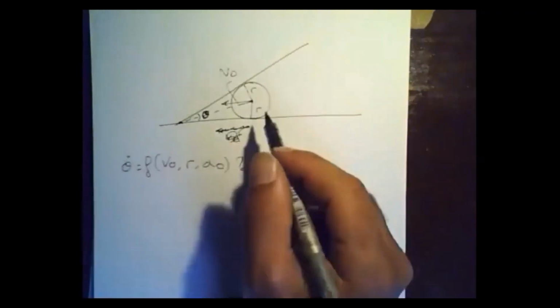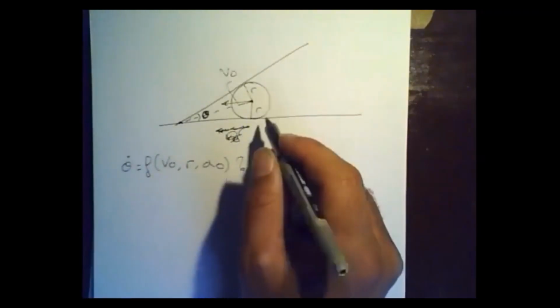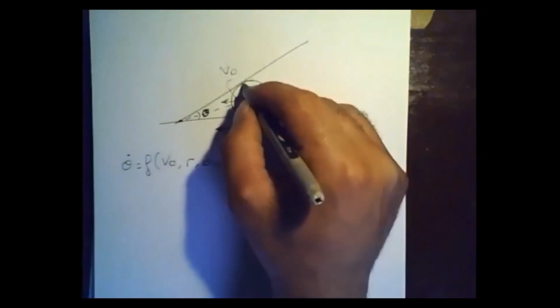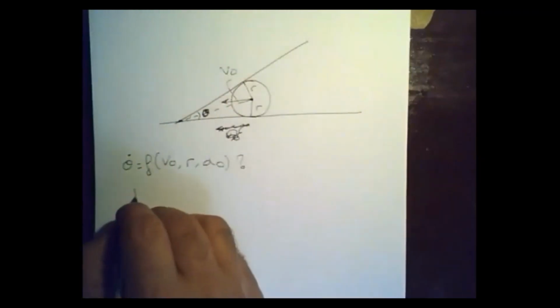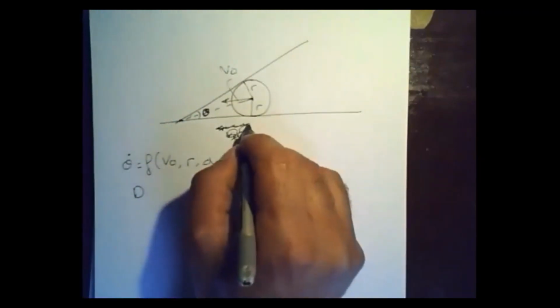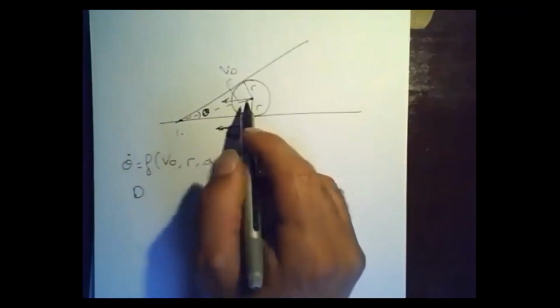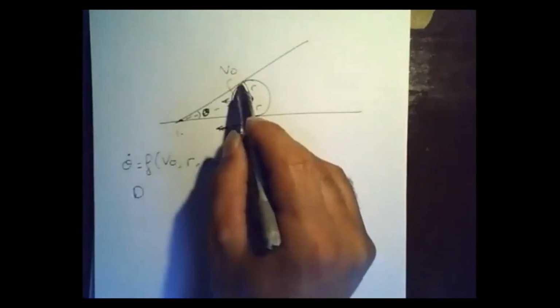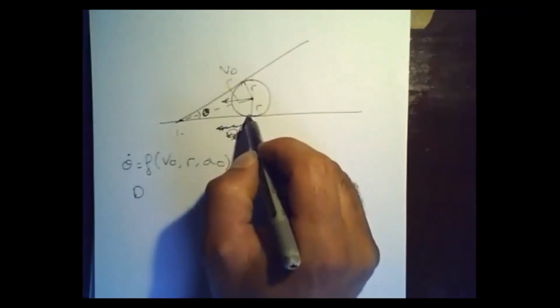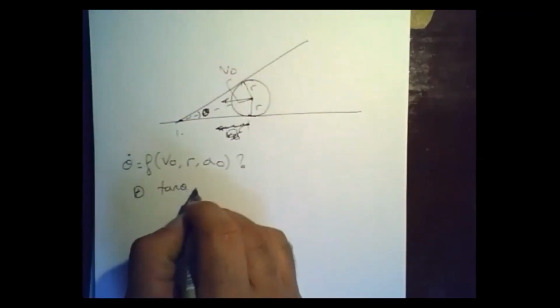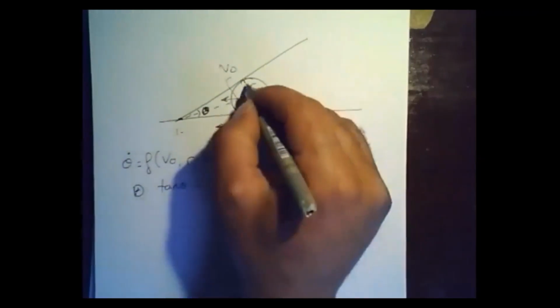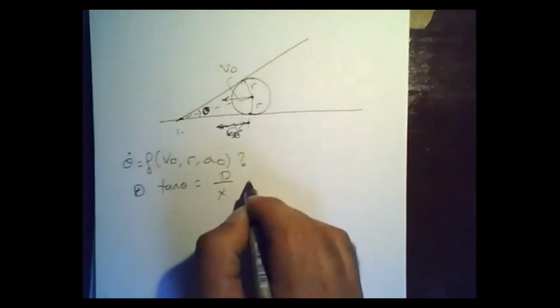I think one of the easiest ways of doing that, some people can say diameter. If that distance here is x, can I say diameter, right? This diameter. Or can I say tangent theta is d over x, opposite over adjacent? Is that correct or no?